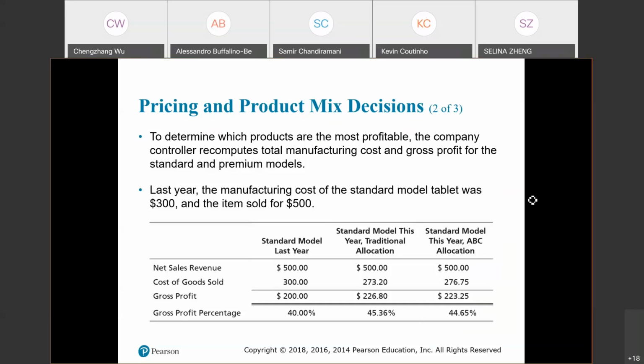But the company has still increased the gross profit margin by $23.25 per unit. If the company sells 2,000 units as expected, gross profit will increase by $46,500.